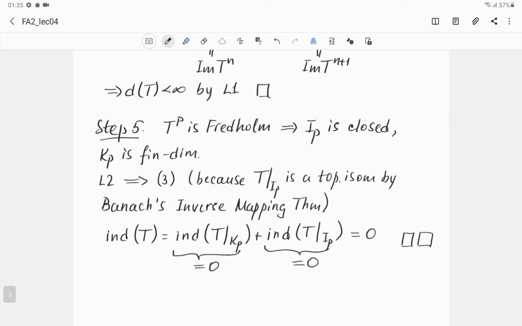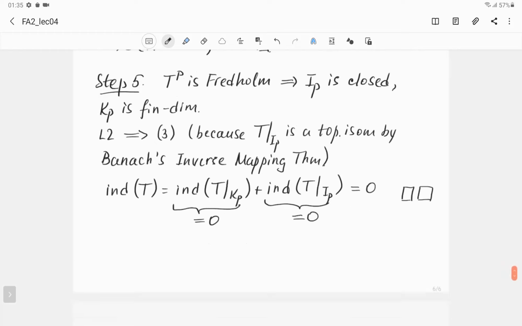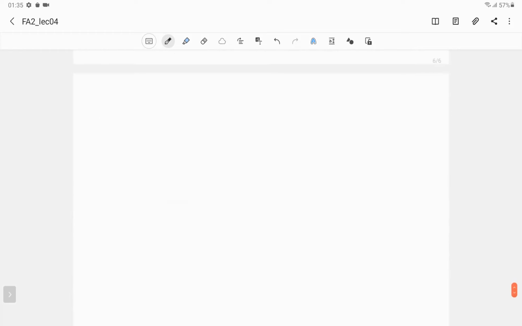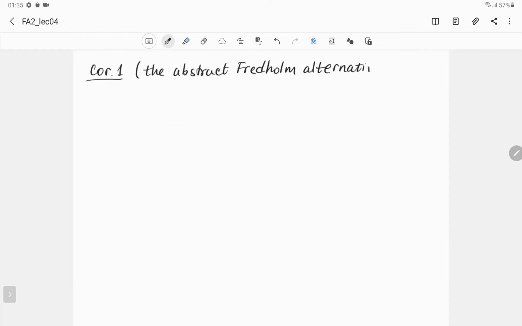Okay, let's now look at some corollaries. Corollary 1 is the so-called abstract Fredholm alternative.